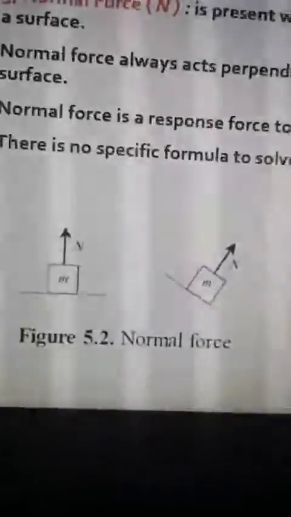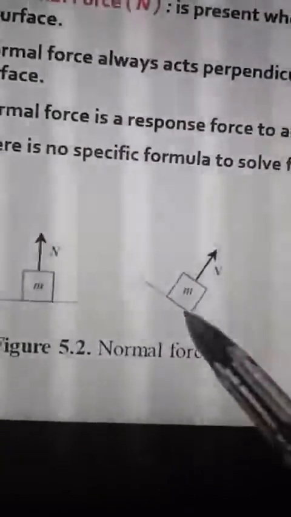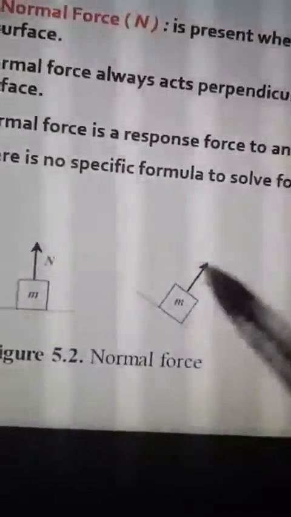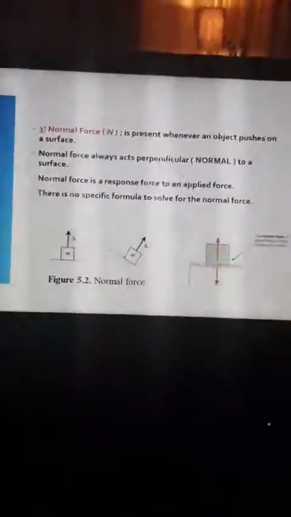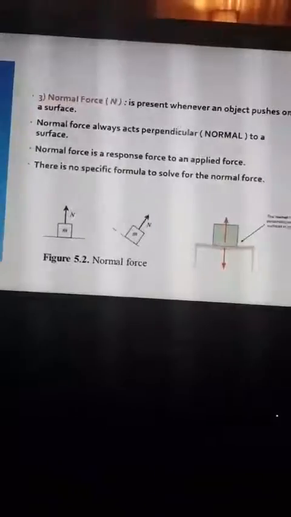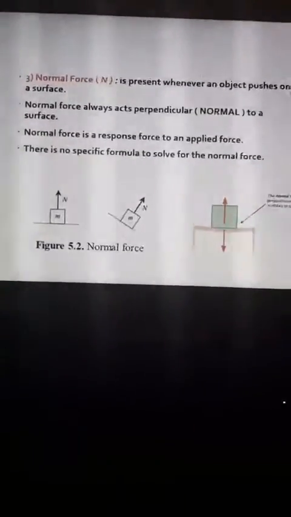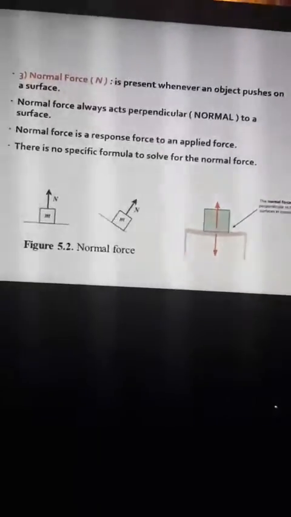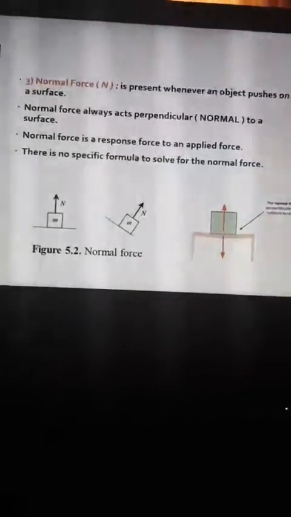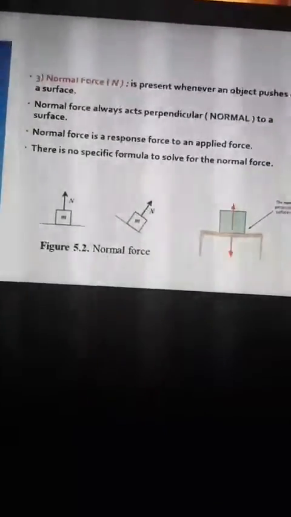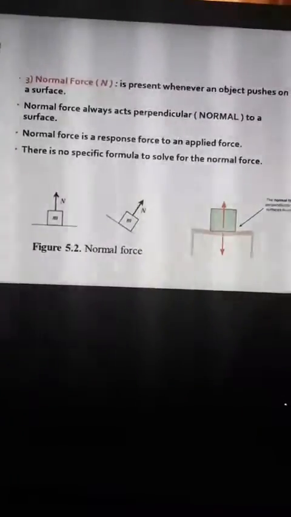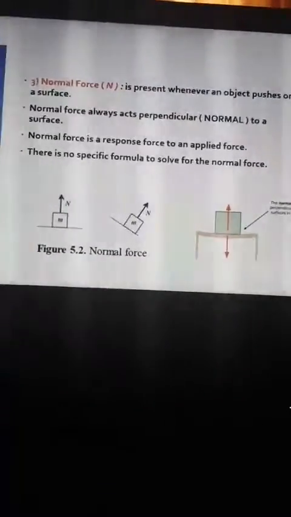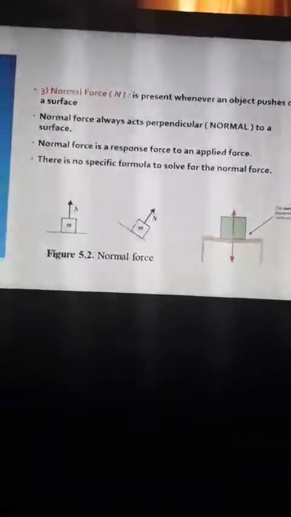It forms a 90-degree angle with the surface. Okay, good. Normal force always acts perpendicular, as we said. Normal force is a response force to an applied force. There is no specific formula to solve for normal force. Later on, when we start solving questions, you will see how we can find the normal force.